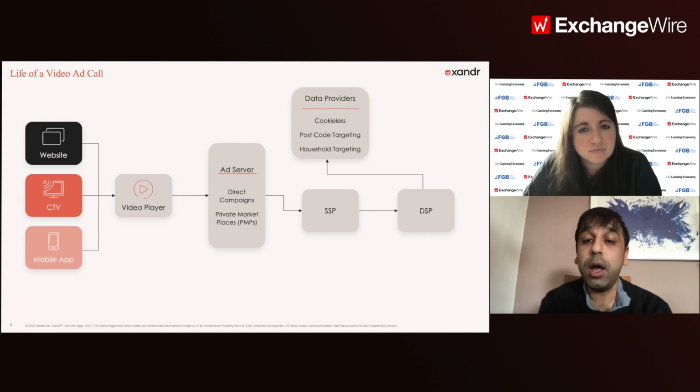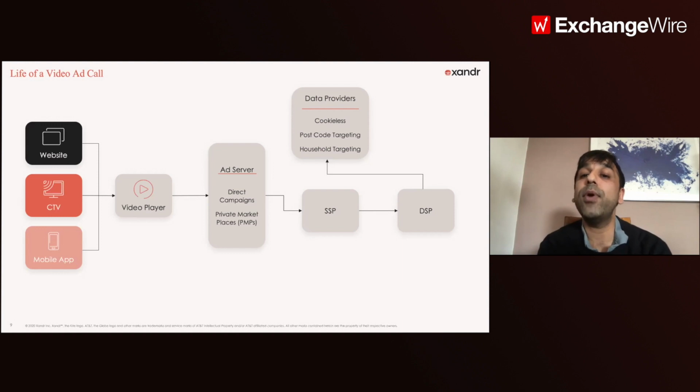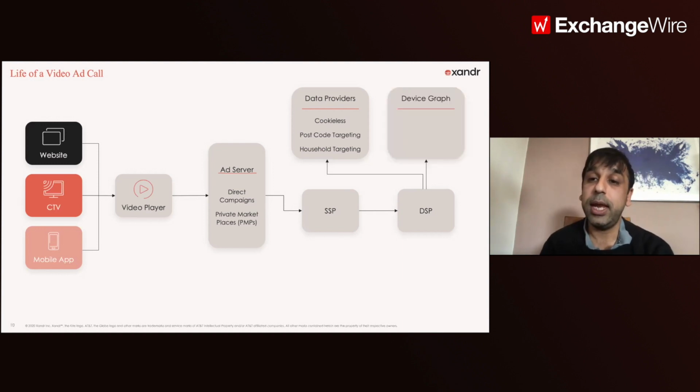Cool. So far, the DSP has reached out to the data providers, and we've enriched the value of the impression by providing some household information or some postcode level information about who is consuming the ad. The next thing the DSP is going to do is make a call to a device graph.